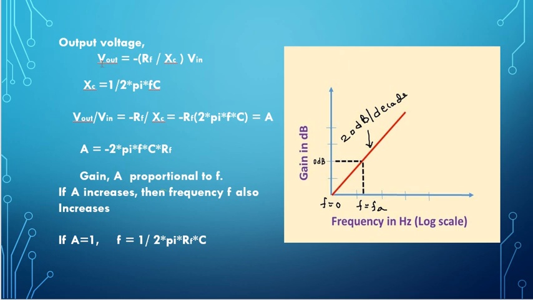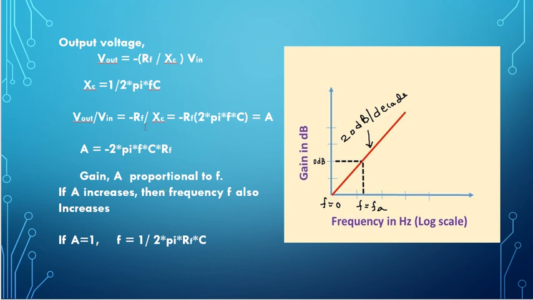Here V out is the output voltage. We have the formula V out is equal to minus RF by XC into V in. We know that XC is equal to 1 by 2 pi FC. XC is the capacitive reactance. So V out by V in is equal to minus RF by XC. XC is equal to 1 by 2 pi FC, then 1 by XC is equal to 2 pi FC.